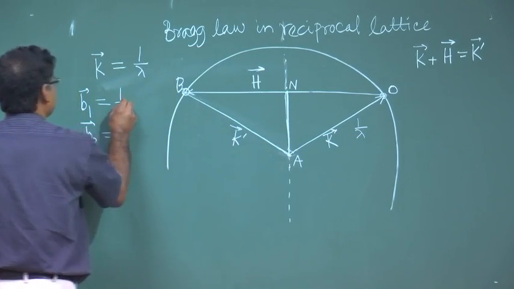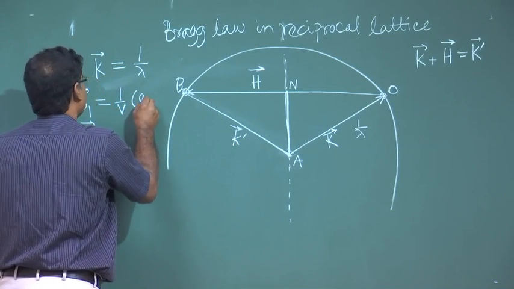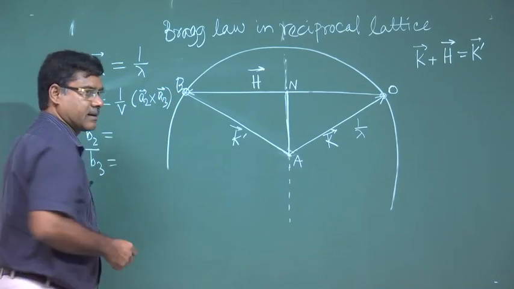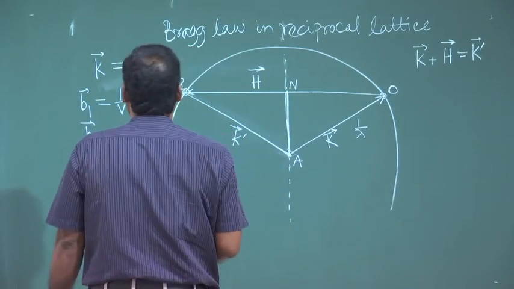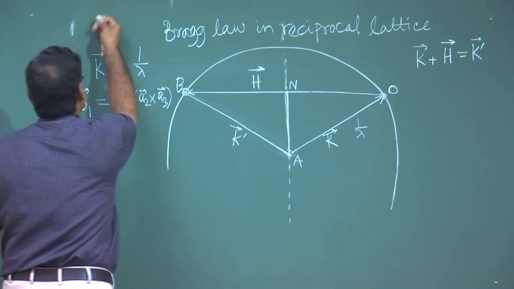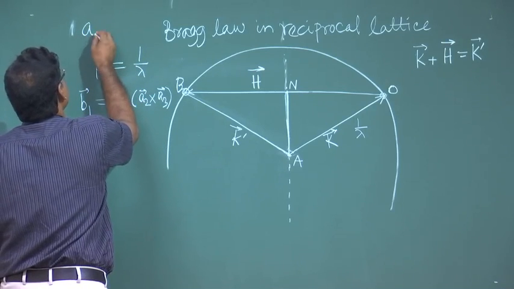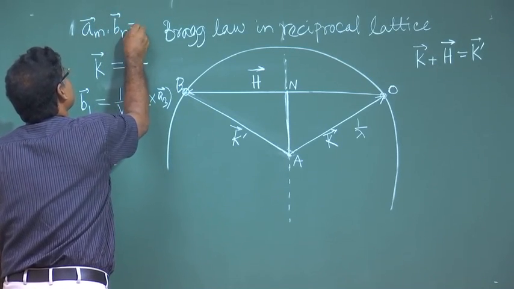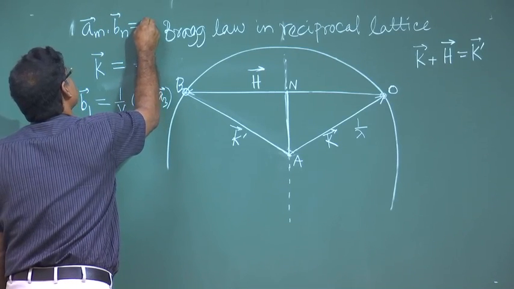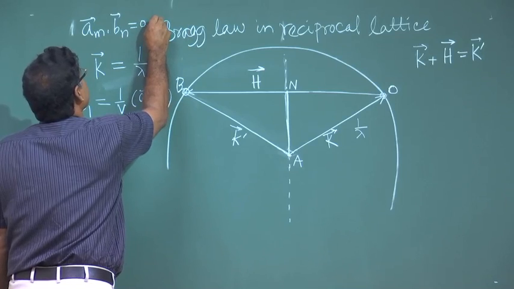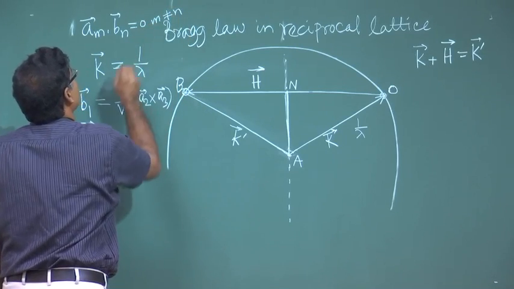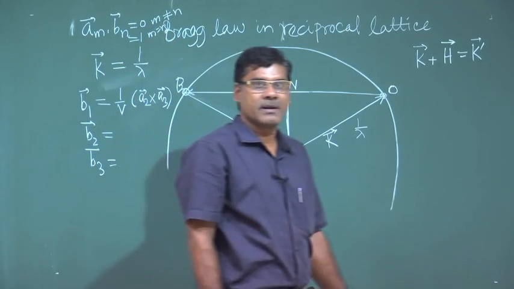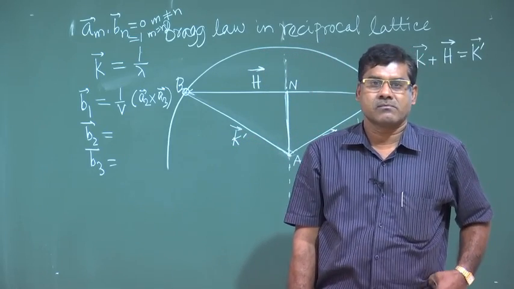So, 1 by V, then a2 cross a3, etcetera. And another relation we used was a_m dot b_n equal to 0 when m is not equal to n, and this was 1 when m equal to n.